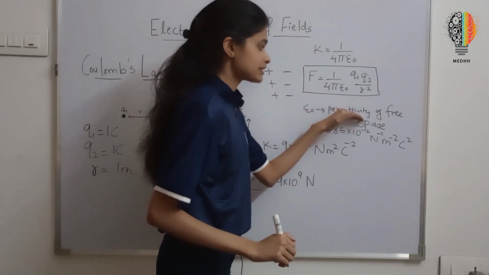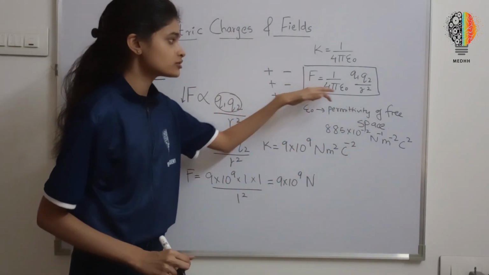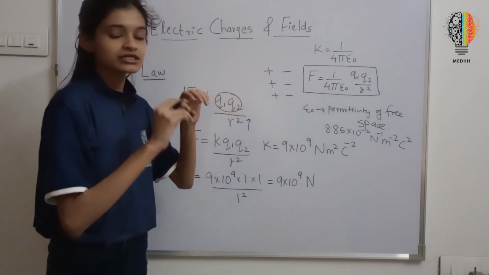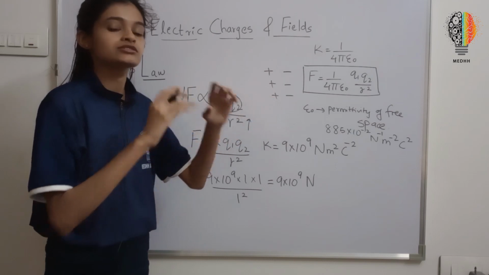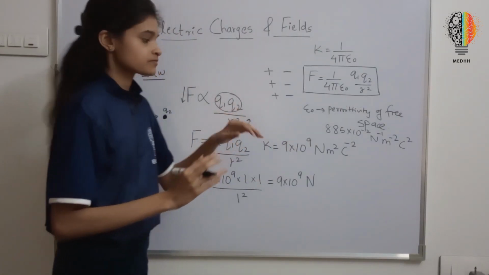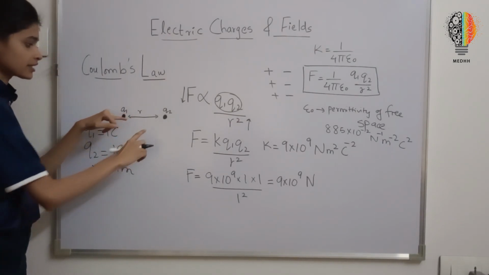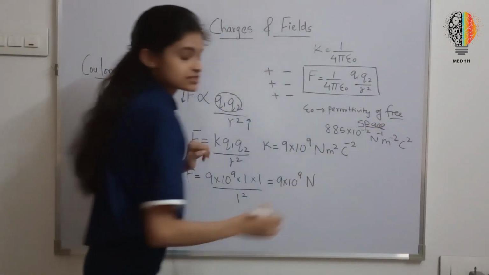Now what does permittivity of free space mean? It means how much force is allowed between those two point charges, or not only two point charges but between any amount of charges. So we are assuming that it's in free space, that is, in vacuum.